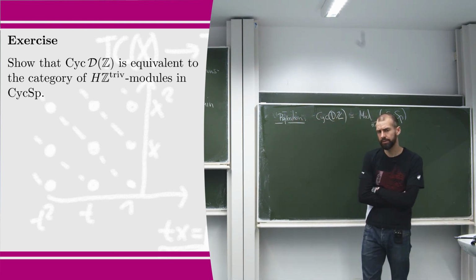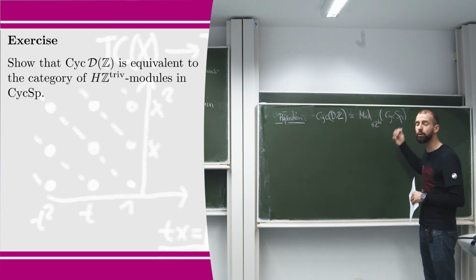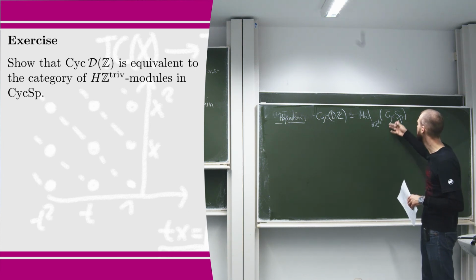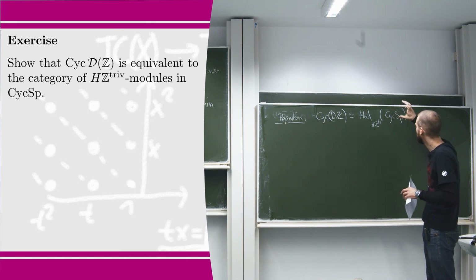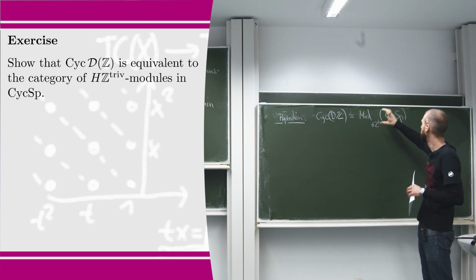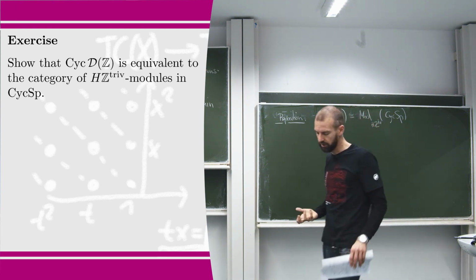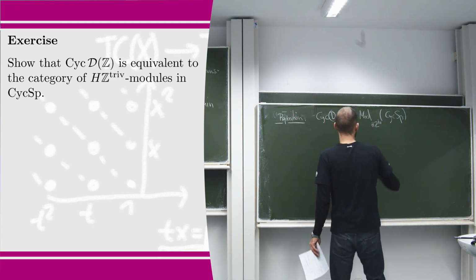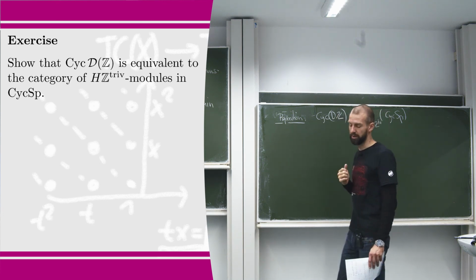What I want you to do is think about what it means. Remember how the tensor product of cyclotomic spectra was defined and think about what it actually means in concrete terms, maybe neglecting coherences, just informally, to be an HC TRIF module in cyclotomic spectra. And using the fact that HC modules are the same as chain complexes, or the derived category of C, you should try to convince yourself that this is a true statement.